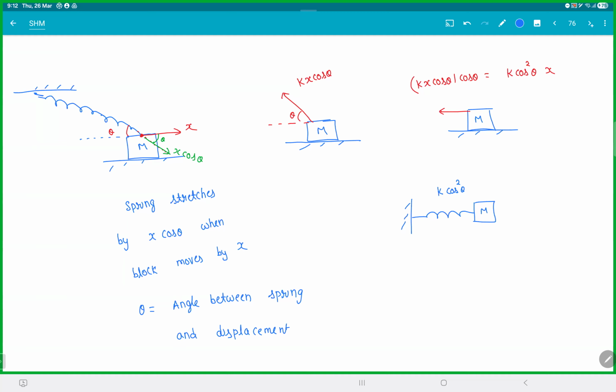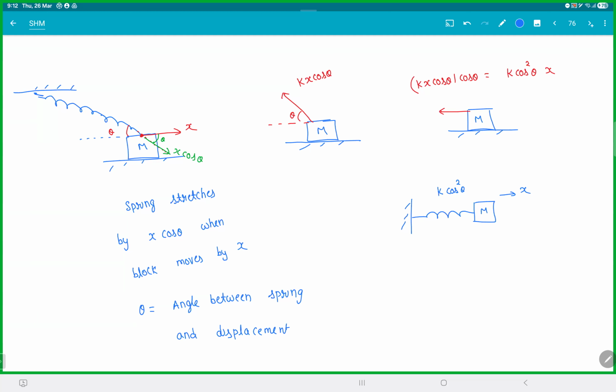Two things are happening here. You are getting one cos theta because the entire displacement will not be x. The second cos theta is coming because of the component of kx cos theta. So you get a cos square theta there. So a spring at an angle can be replaced with a horizontal spring in the direction of the displacement.